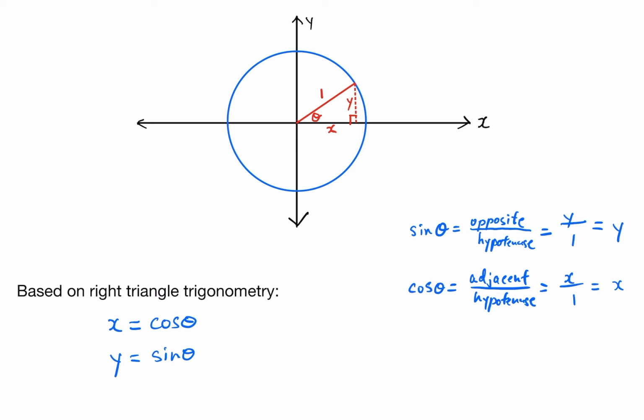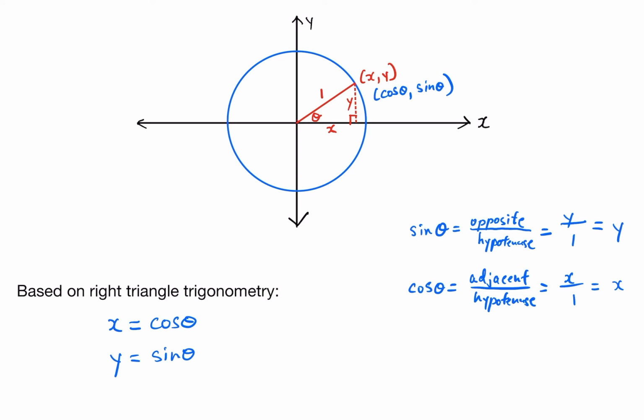So what this results in is that instead of calling this point here x comma y, right? Because this is what the coordinate is over here, x comma y. It is also cosine theta, sine theta, okay?